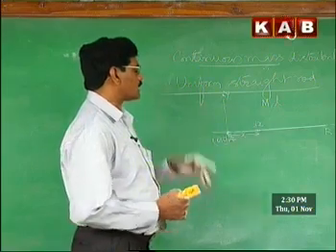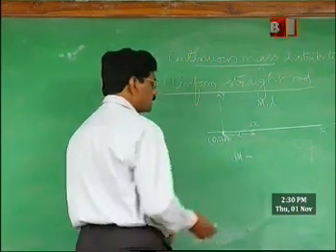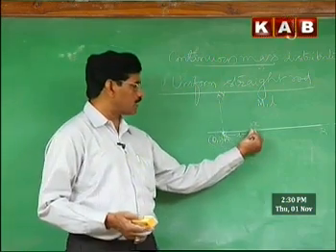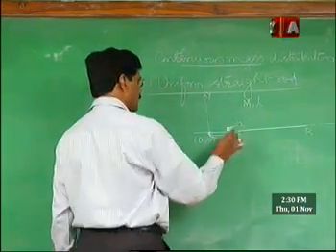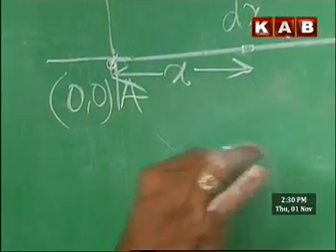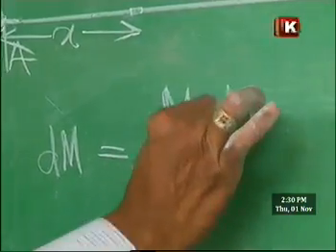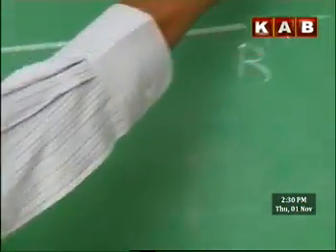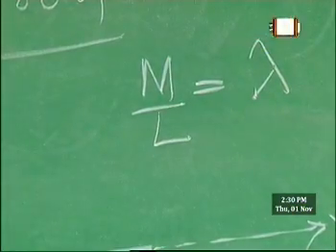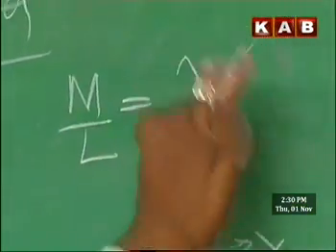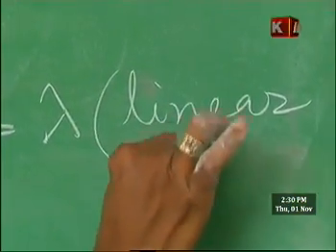So, what is the mass of this element? Let dm be the mass of the element of the rod lying in this distance dx. How to determine this? The mass of this element is mass per unit length into dx, where mass per unit length is usually called linear mass density or linear density of mass.